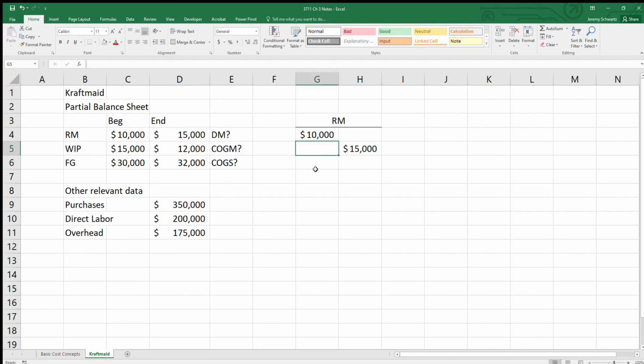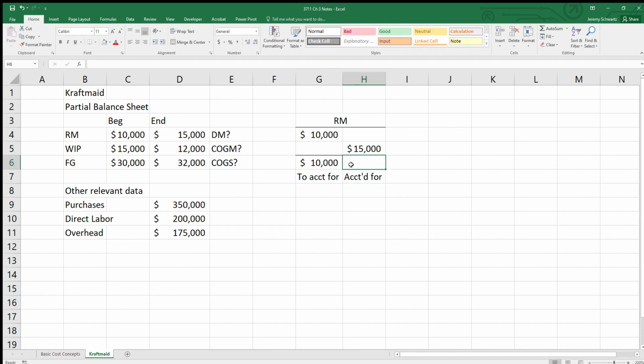And so then, if we follow this concept of to account for, that would be the sum of these two, and accounted for, let me just be more clear about that, accounted for would have to equal whatever that is to account for.